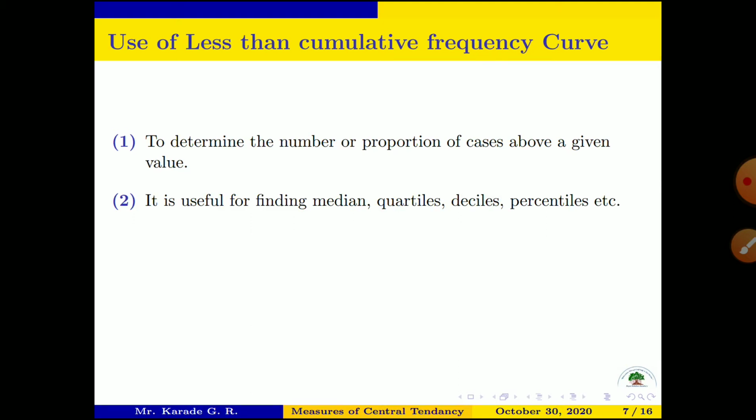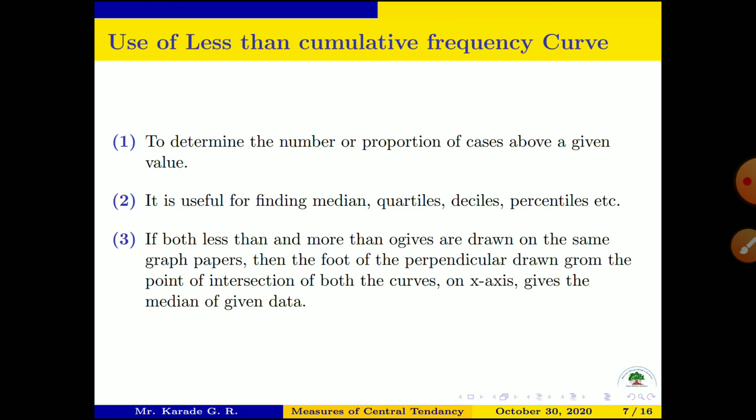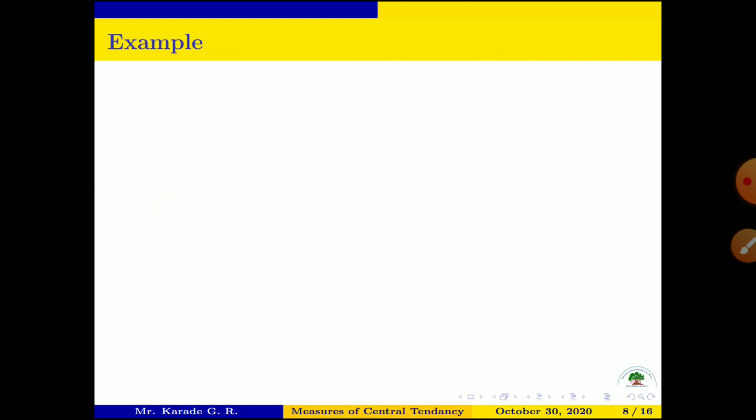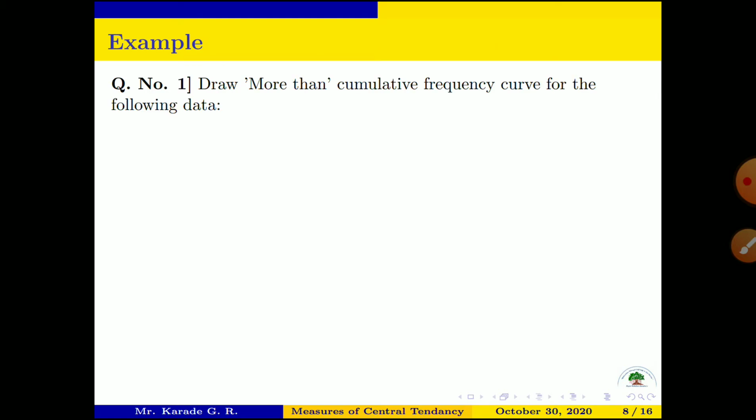It is useful for finding median, quartiles, deciles, percentiles, etc. When both the less than and more than ogive curves are drawn on the same graph paper, the foot of the perpendicular drawn from the point of intersection of both the curves on the x-axis gives the median of the given data. Let us take one example.